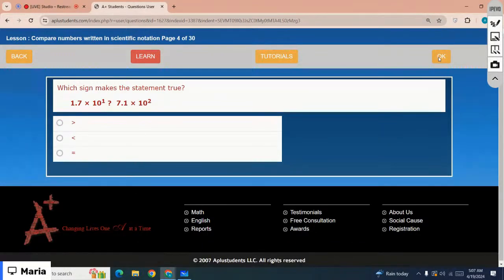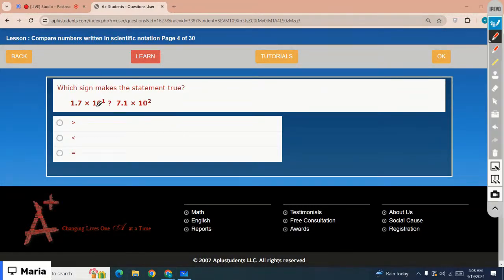Which sign makes the statement true? 1.7 times 10 exponent 1 and 7.1 times 10 exponent 2. So which is the correct option? Greater? How? Here is 10 exponent 1 and here is 10 exponent 2. 10 exponent 1 is less than 10 exponent 2.